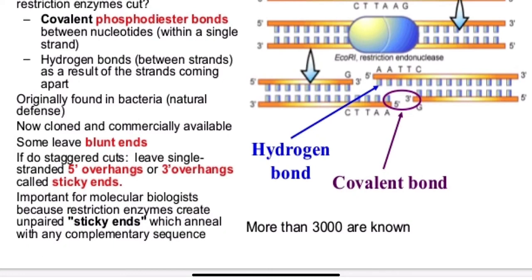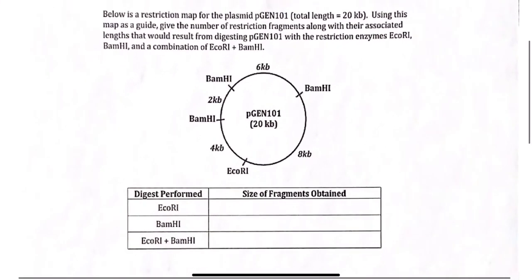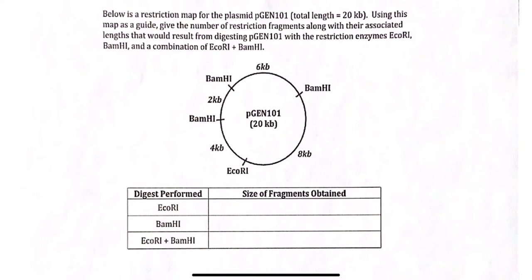I do want to show you how we read a restriction map. Let me open this one for us. This is an example of a restriction map for the plasmid pGEN101. Its total length is 20 kb. Let me remind you that a plasmid is a circular piece of DNA.